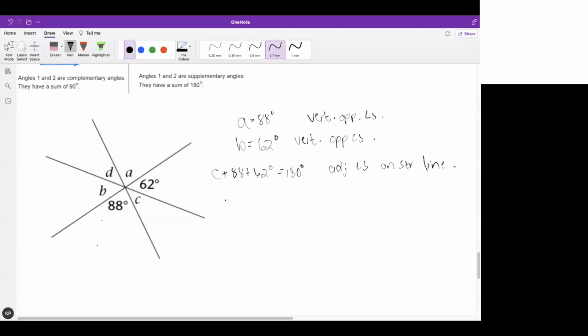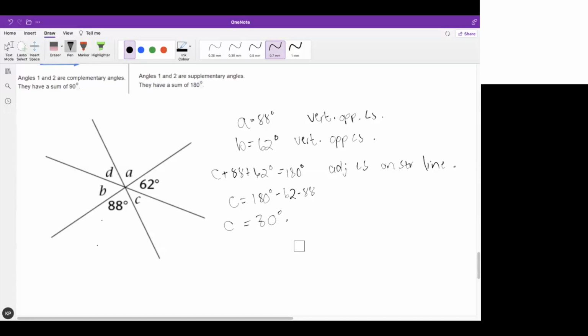Therefore, C is equal to 180 minus 62 minus 88. Therefore, C is, I almost wrote X. Guys, what's going on? Every time I write therefore. C is how much? It's 30 degrees, ma'am. 30 degrees.